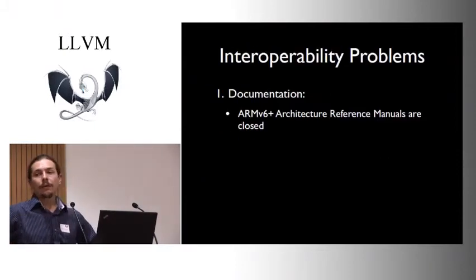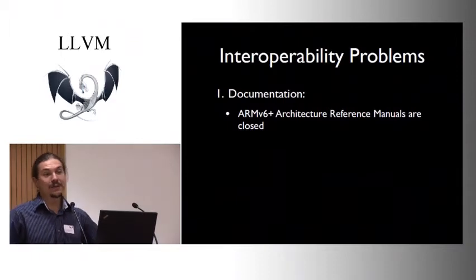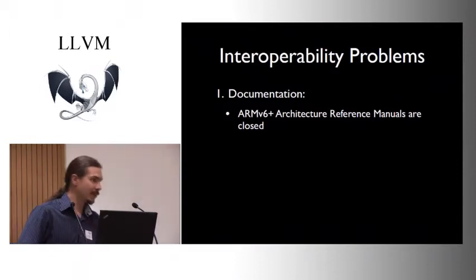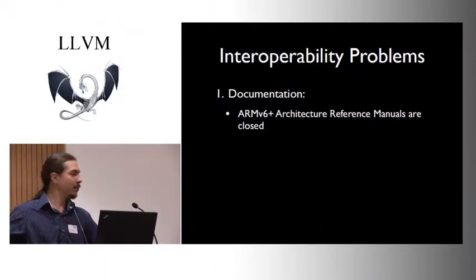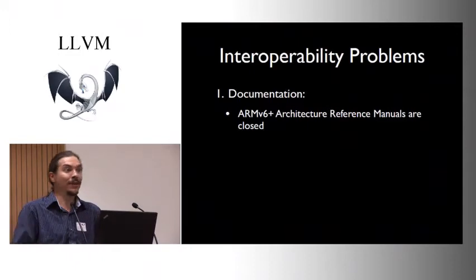Let me outline a few problems we had working with the ARM backend. First of all, I need to note that the documentation, namely the architecture reference manual on ARM, is closed. So you have to be an ARM customer just to obtain the documentation about the instruction set.